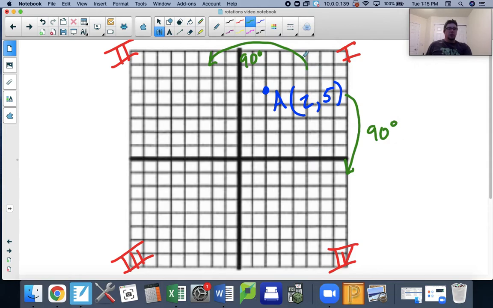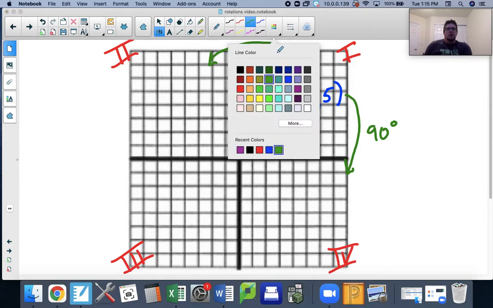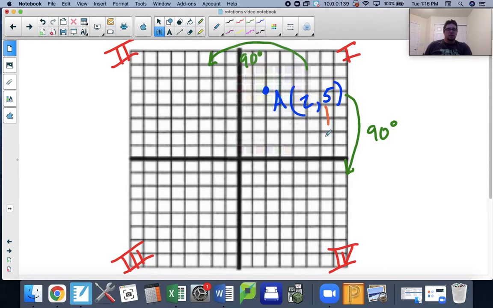If we go counterclockwise, it lands in quadrant 2. 180 degrees, doesn't matter which direction we go, it lands in the very diagonal quadrant over here. The same is true if A actually started over here. So if this was A, 90 and 90, or 180.